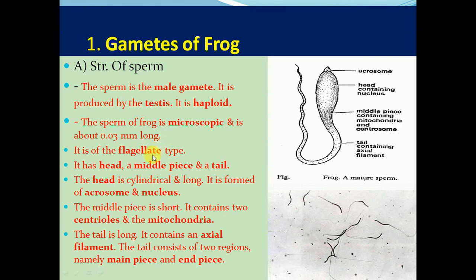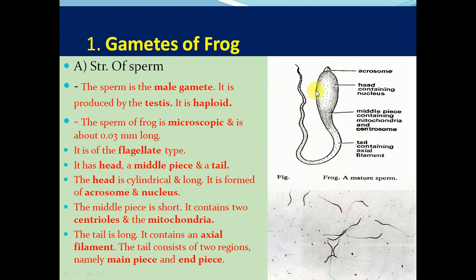It is a flagellate type of sperm, having a flagella-like or whip-like structure, which helps the sperm move in water or a liquid medium. The frog sperm has a typical structure with three parts: the head, middle piece and the tail.